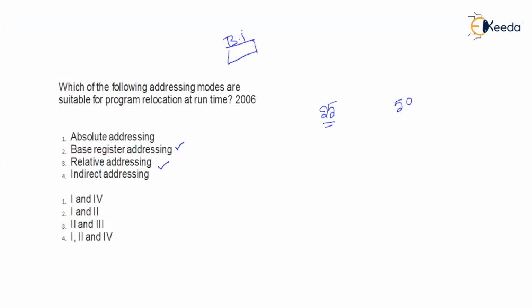There is a base register in which your base address of the program will get stored. And the address part of the instruction will be added to the contents of the base register to branch to the appropriate location that is desired to be branched. So one is base register addressing mode.